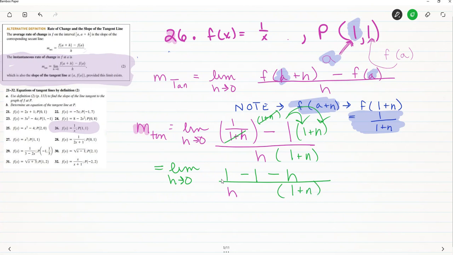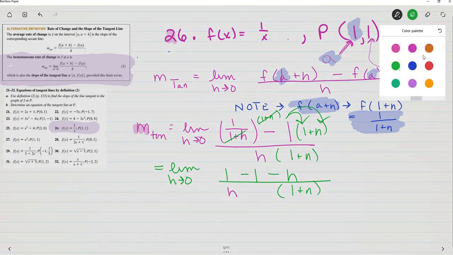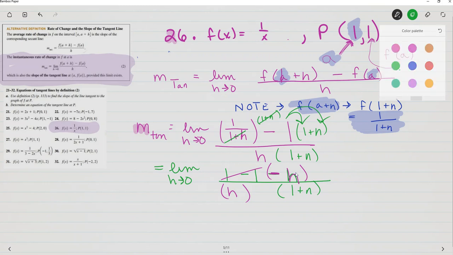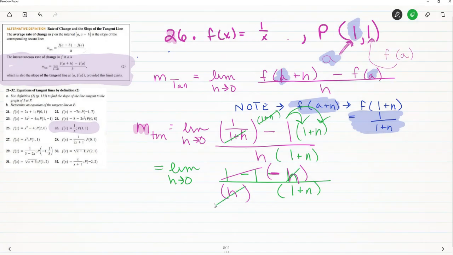Now these 1's are just going to cancel out because 1 minus 1 is 0, so I'm left with minus h in the numerator, and I can reduce that with the h in the denominator, and that gives me the limit as h approaches 0 of -1 over 1 plus h.